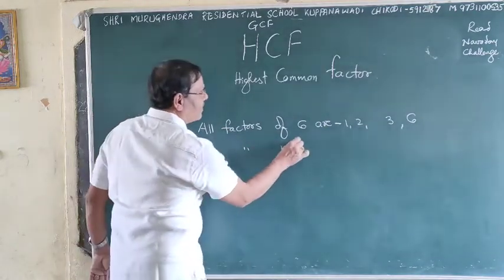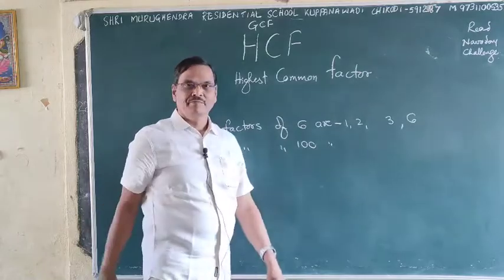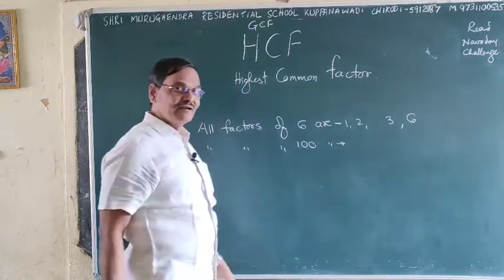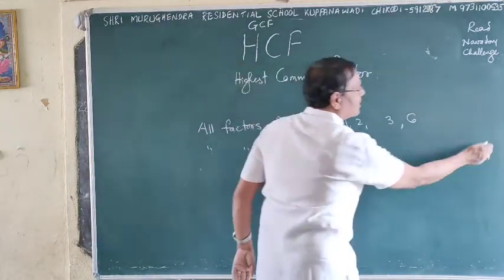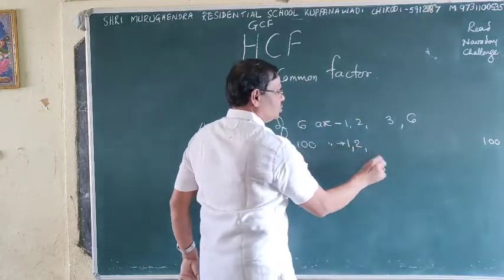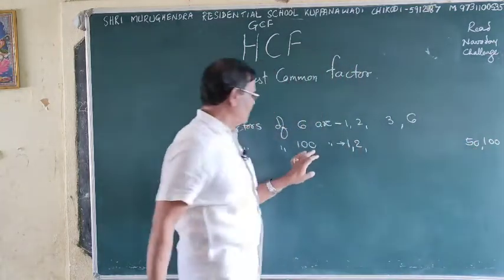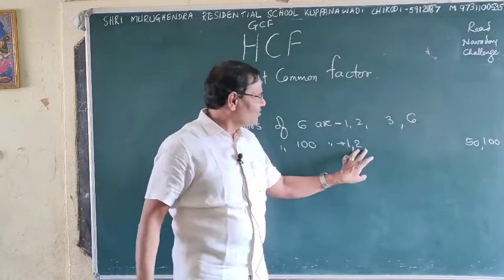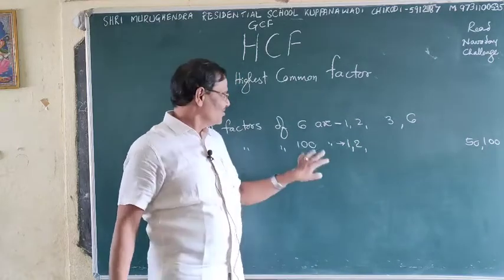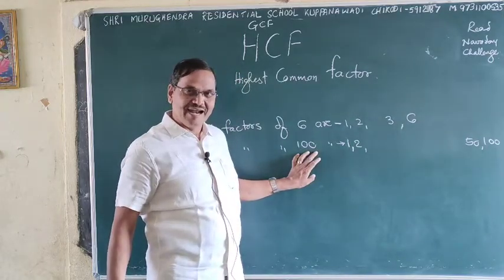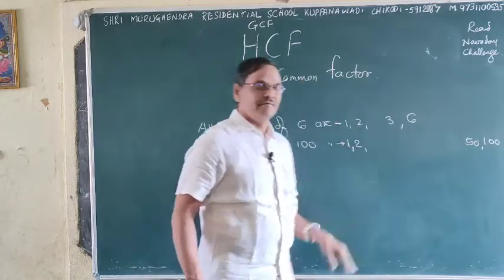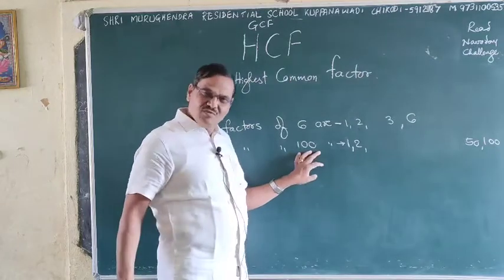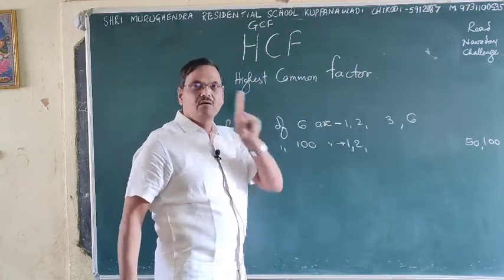All factors of 100. Another method I am giving you. See, 100 is an even number, so automatically divisible by 2. When you write 2, its half, 50, should also be written. 1 is written, so its 100 should be written. Is it divisible by 3? No, its digit sum is only 1.